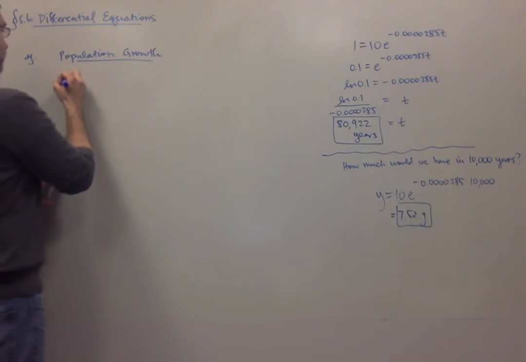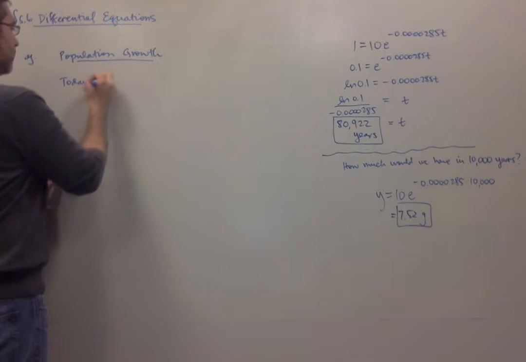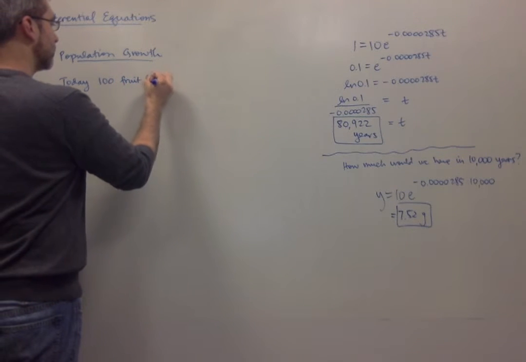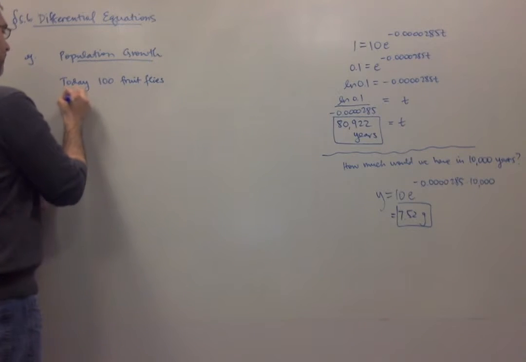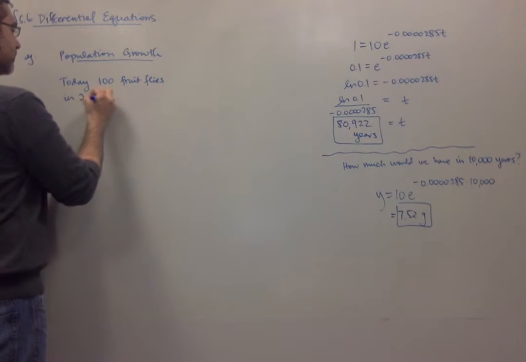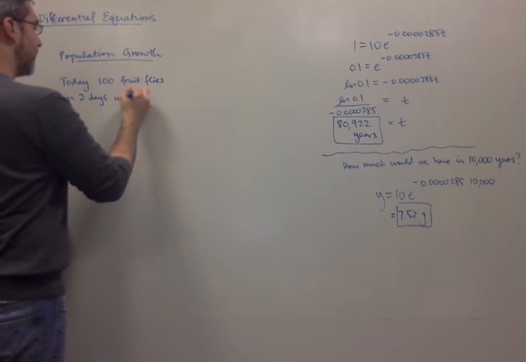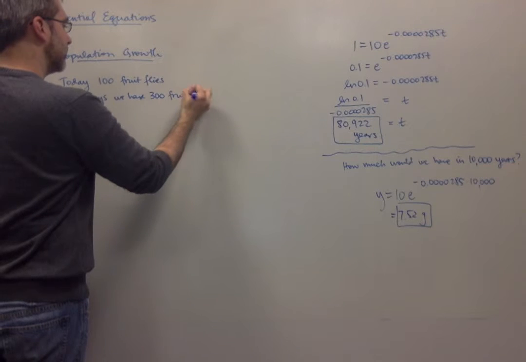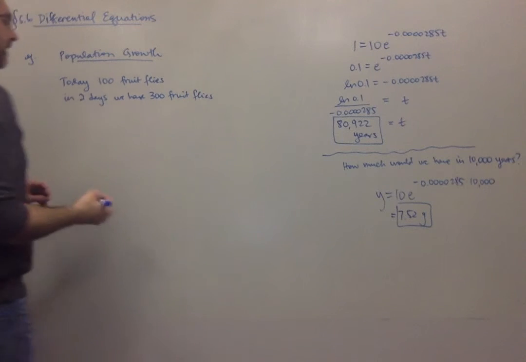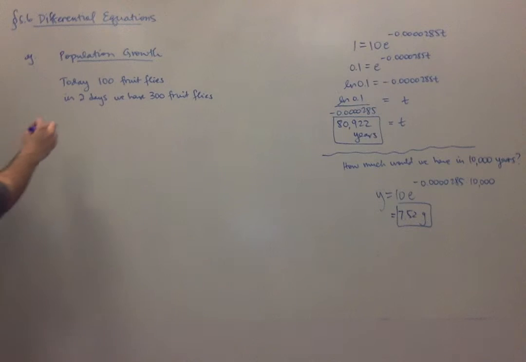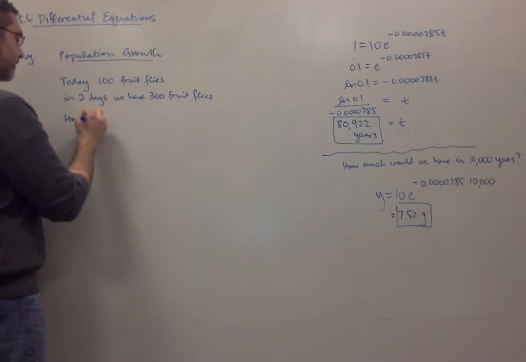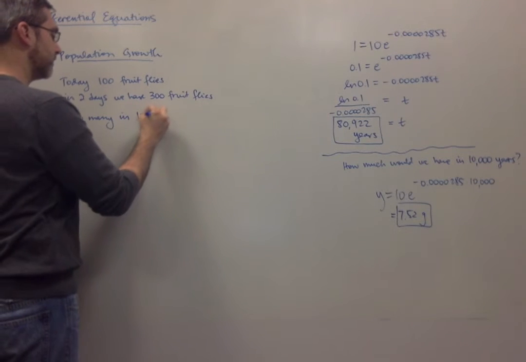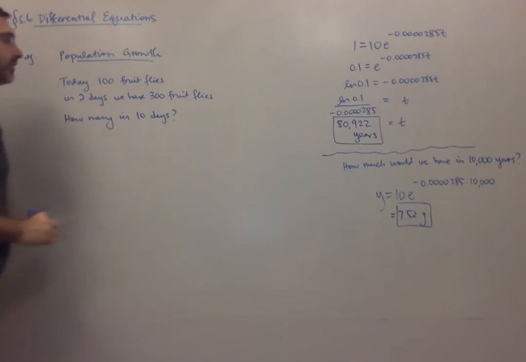So suppose today we have 100 fruit flies. Okay. And then in 2 days, we have 300 fruit flies. This is kind of disgusting, but. And then I were to ask, how many fruit flies would we have in 10 days? 10 days from today.